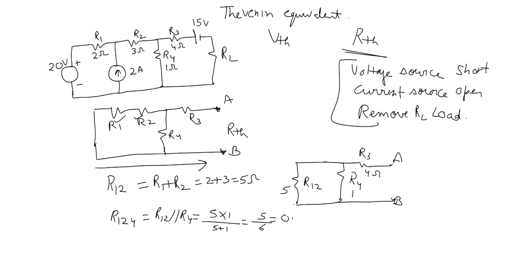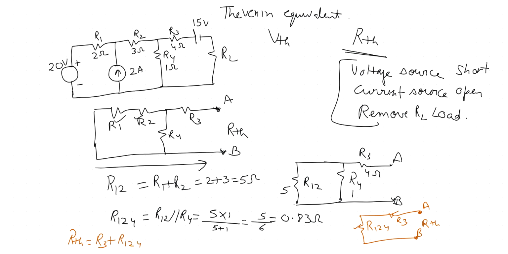Now I will redraw the circuit again. R1,2,4, and then we have R3 here. This represents point A and this represents point B. So RThevenin is now the resistance across A and B. These two resistors are in series, so RThevenin is R3 plus R1,2,4.